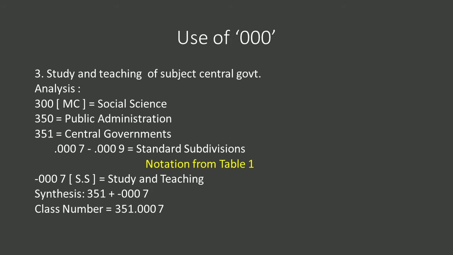Central government is part of public administration, and public administration is part of social science. The notation of social science is 300, and it is the main class, MC equals social science. Under social science, in 350 there is public administration, and under public administration, in 351 there is central government.